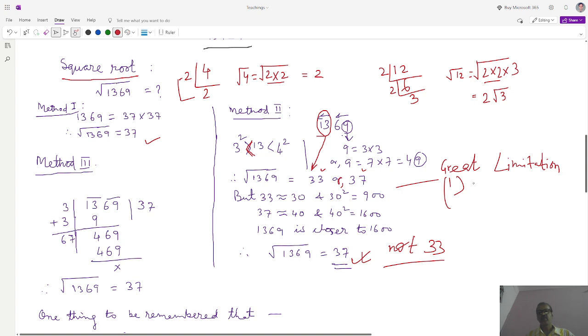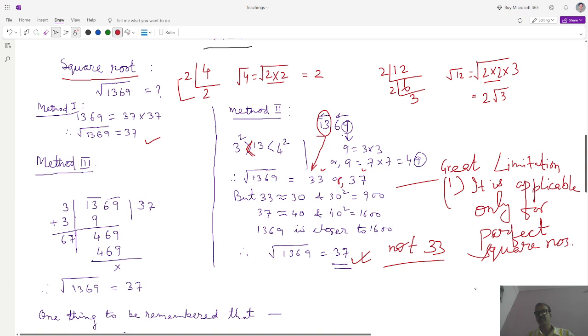So it is applicable only for perfect square numbers, right? And it is also only applicable for 2-digit numbers, right?